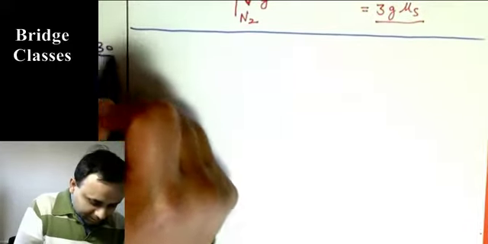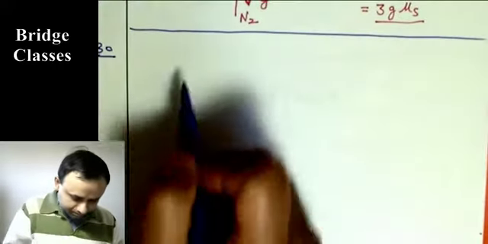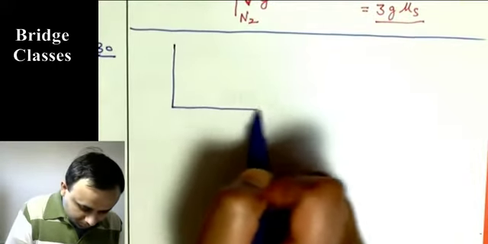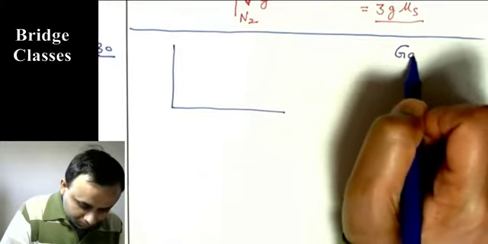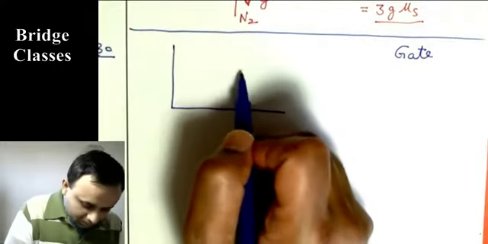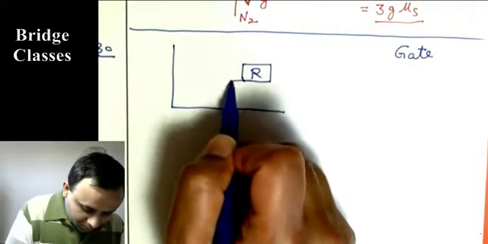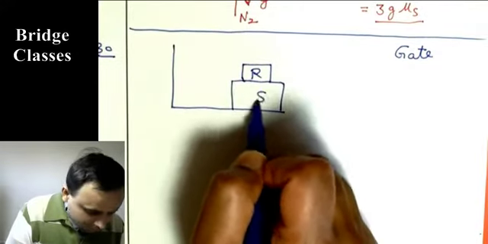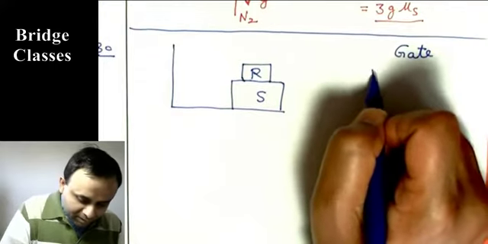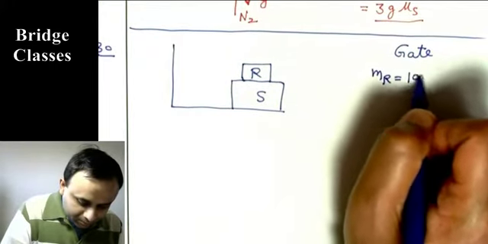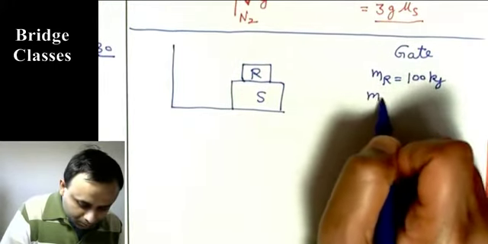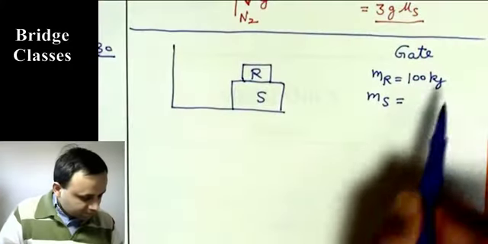Let us look at another GATE problem. Now we have two bodies here, R and S, and the mass of R is 100 kg and S is 150 kg.